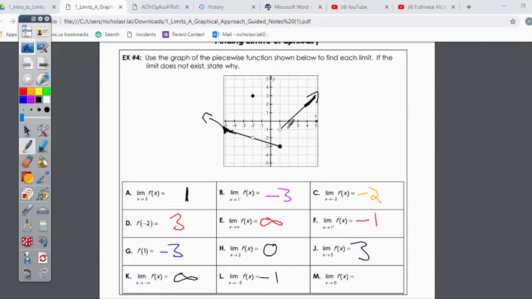And as x approaches 0, it's going to take some algebra here. So 0 is right here. For this problem, we have a slope where our rise is 1, our run is negative 3, so the slope is negative 1/3.